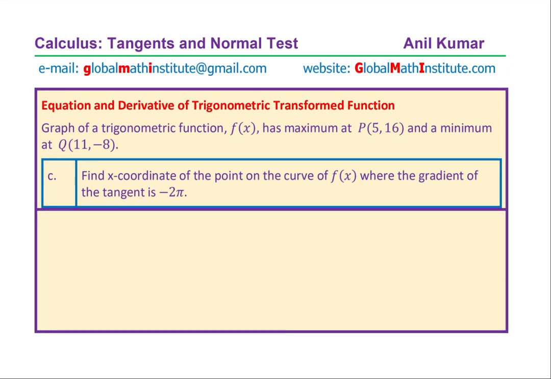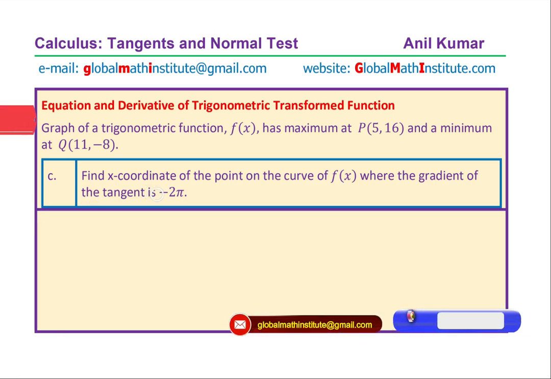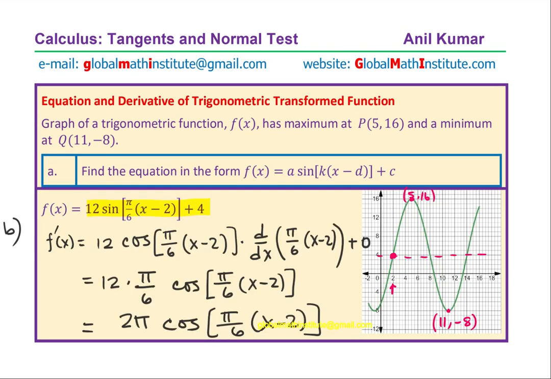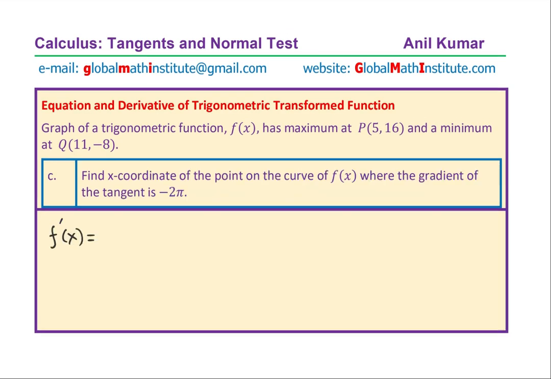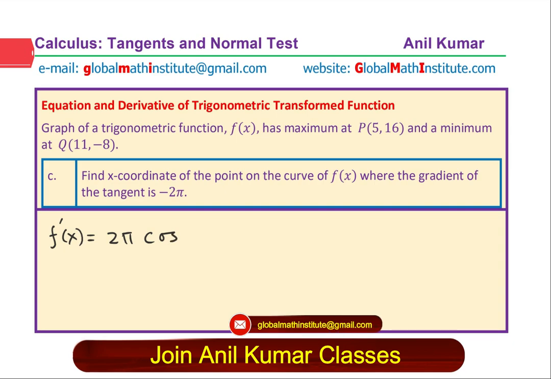So part C is: find the x coordinate of the point on the curve f of x where the gradient of the tangent is minus 2 pi. So we found the expression for the gradient already. So this was what? We just found it as 2 pi cos of, let me rewrite, 2 pi cos of the same argument which we have here.